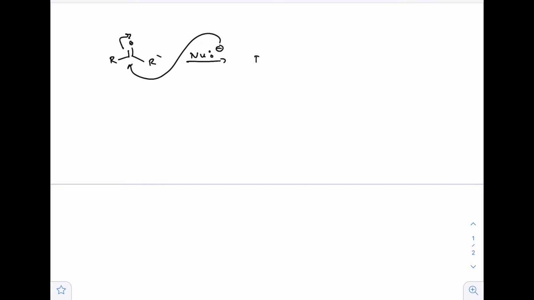We've got the addition reaction where we attack the carbonyl carbon with the nucleophile, and then we end up with this particular intermediate where we've got the negative charge on the oxygen. And remember, I did say that these carbonyl groups are planar, so you could attack from the top or the bottom. Hashtag stereochemistry.